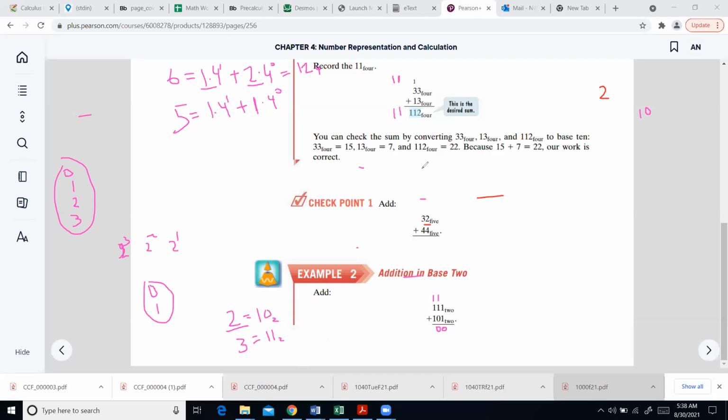Because we multiply the first digit by 2 to the power of 1 and the second digit by 2 to the power of 0. Okay? So when you have 1 for the coefficient with 2 to the first and 1 also for the coefficient with 2 to the power of 0, you actually end up adding 2 and 1, and that's how you get 3 in base 10.